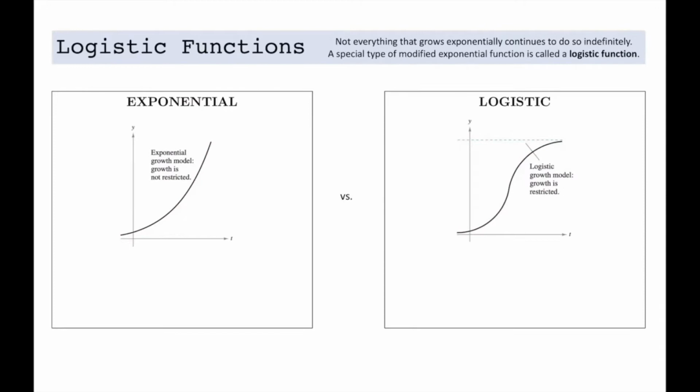So let's compare and contrast the formulas and the different properties of each. It's really important to understand that for this exponential function the growth is not restricted, versus with a logistic model, the growth is restricted. There's some kind of thing in the environment that's causing this unlimited growth to not be possible.